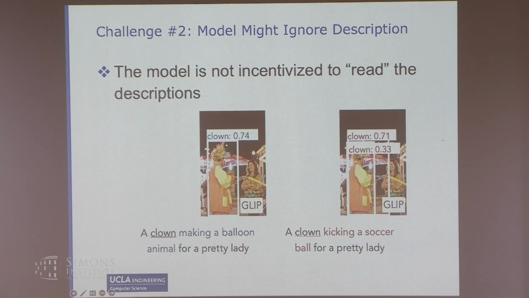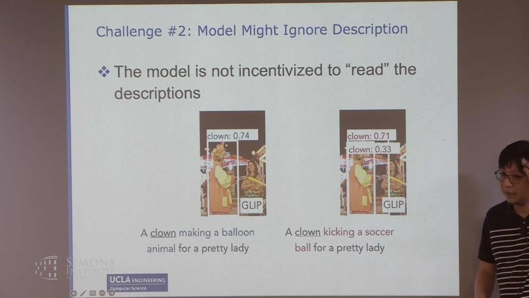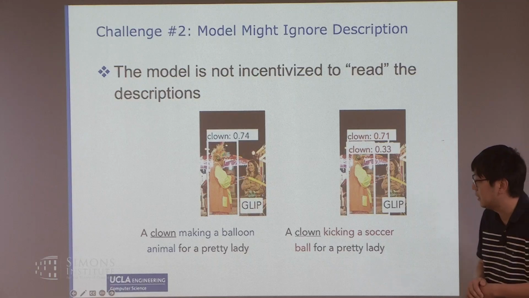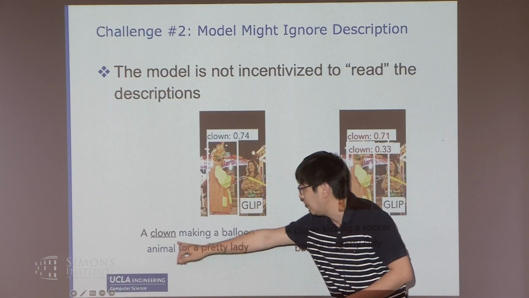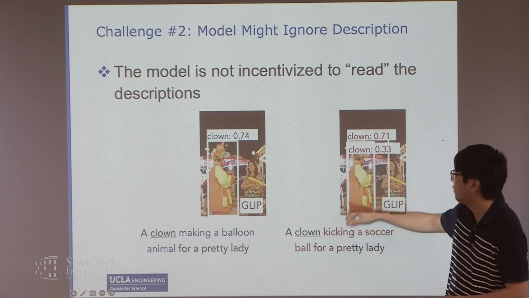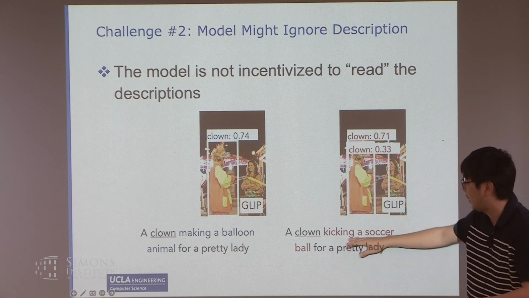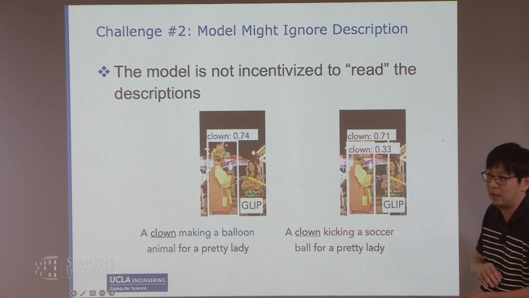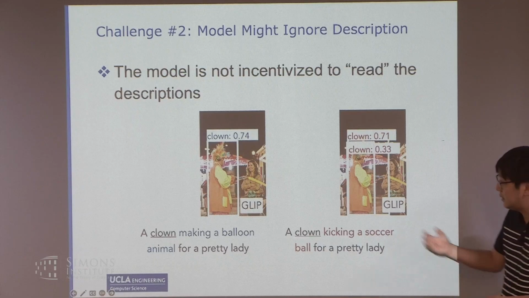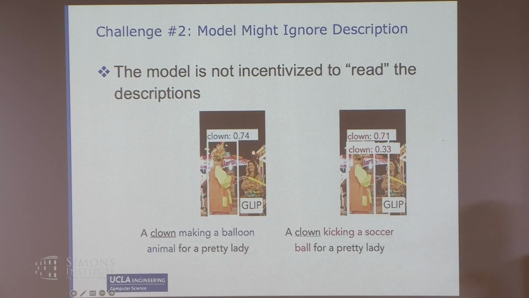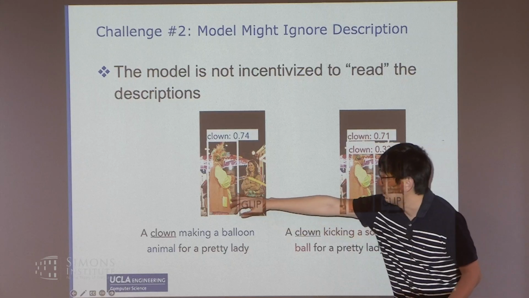But the second one is more tricky. The model has no incentive to really read the description. What we found is that in many cases, especially for models trained on captions, if you already see that particular noun phrase, then you just match the noun to that object and ignore everything describing that object. So when you have a description, say a clown making a balloon animal, it can identify the clown.